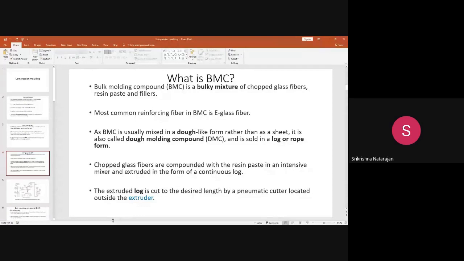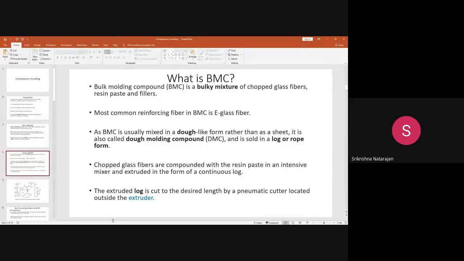If you want to make the composite UV resistant, you can apply some UV chemicals, so that you mix this in the form of a dough. Something like a dough. A typical example for dough is something like atta, where you take the atta and mix it with water, and then using your hand you make a mixture.